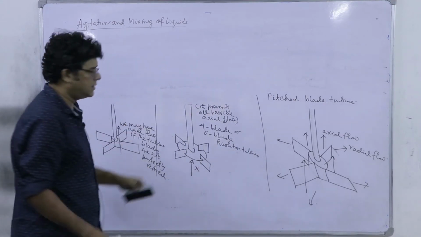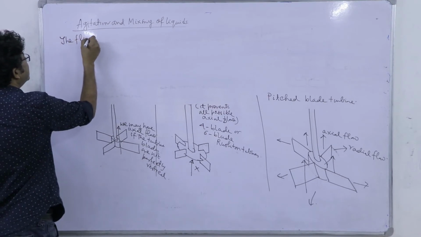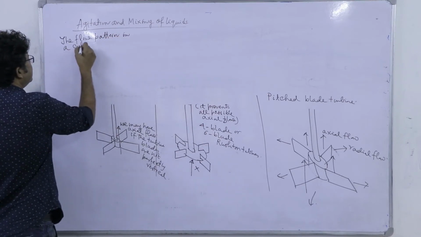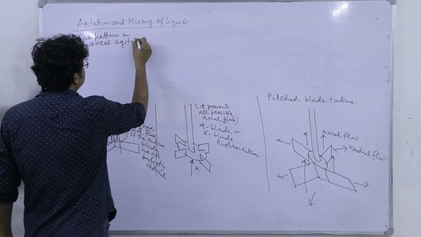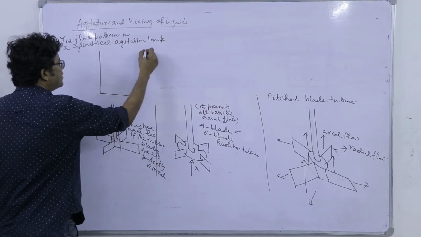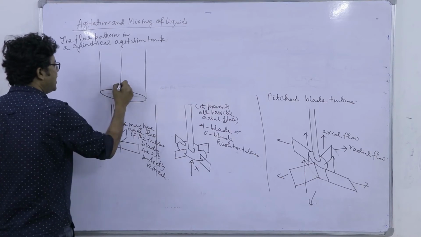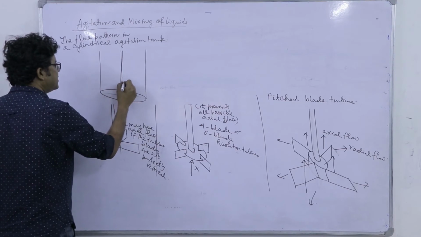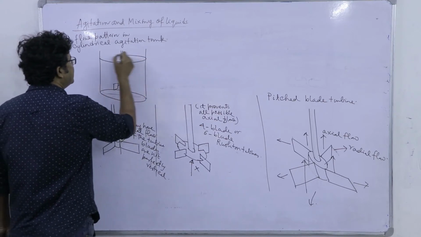In order to understand or justify the use of baffles, consider the flow patterns in a cylindrical agitation tank. It is a cylindrical tank, and here we have, let us say, a propeller or a turbine fitted.